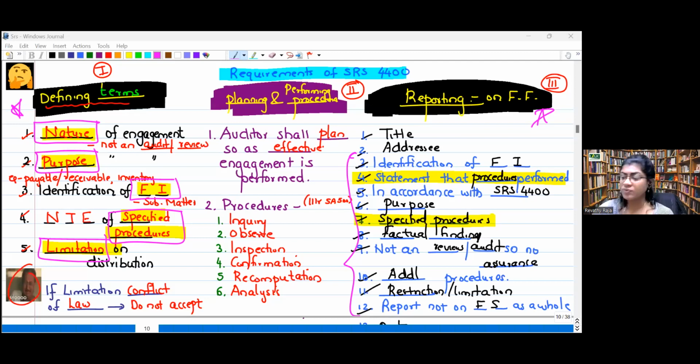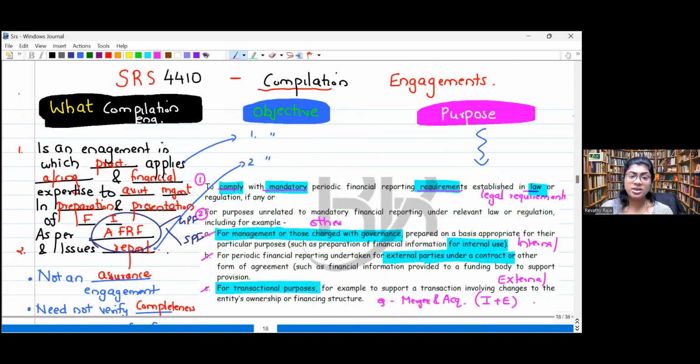Now, what was the next standard? I lost the flow. 4,410. What is 4,410? Compilation engagement. See, in 4,400 you are the auditor. In 4,410 you are going to compile.